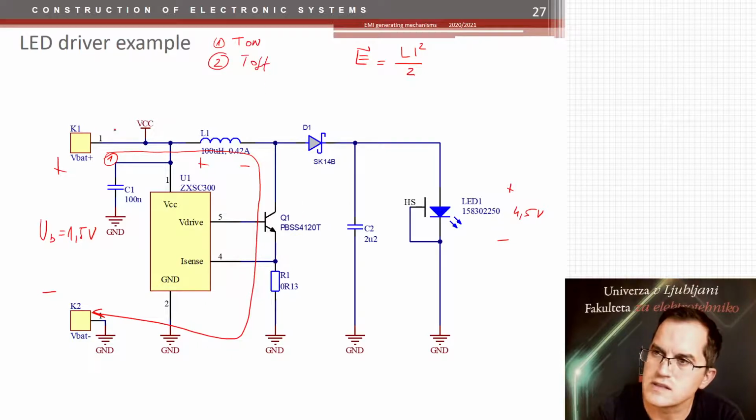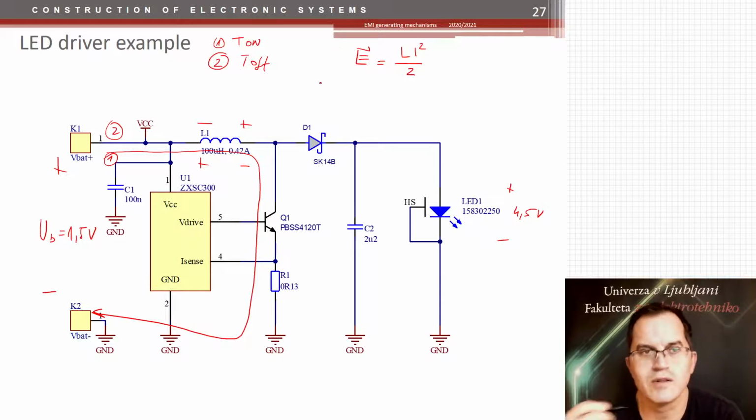Then the transistor turns off and the voltage on the coil switches immediately. Why? Because it has to maintain the energy. The energy is the only thing that does not change abruptly. Therefore, the voltage has to change in order to keep the current running.